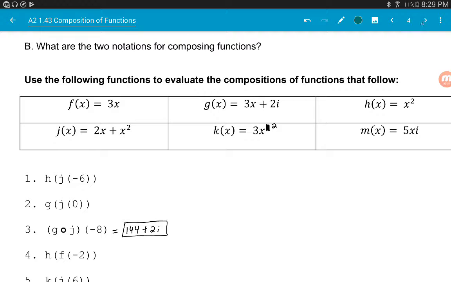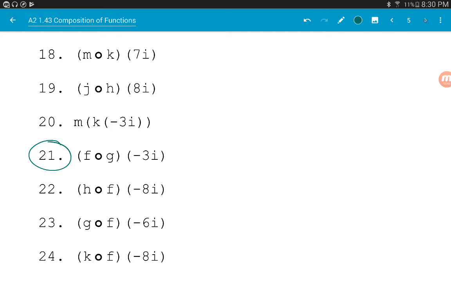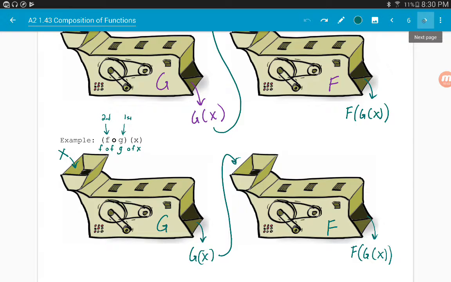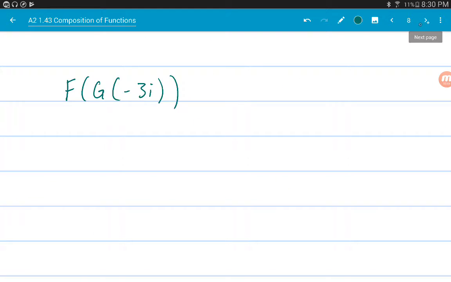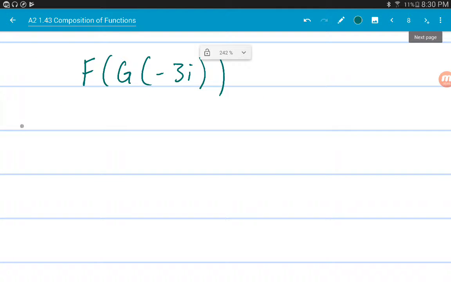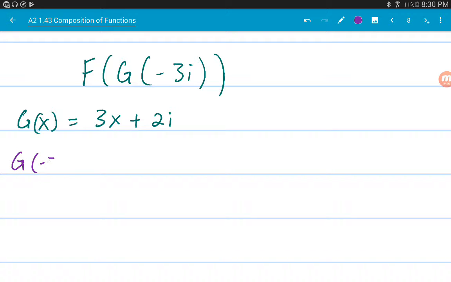I'm going to use the g function first. g of x is equal to 3x plus 2i. And what I need to find is g of negative 3i, because that's like my first little chunk on the inside.